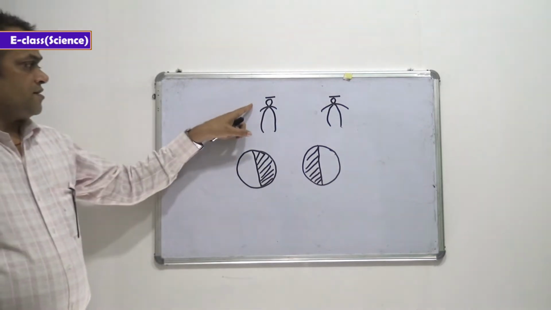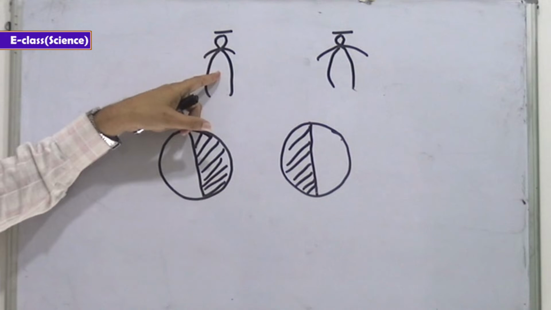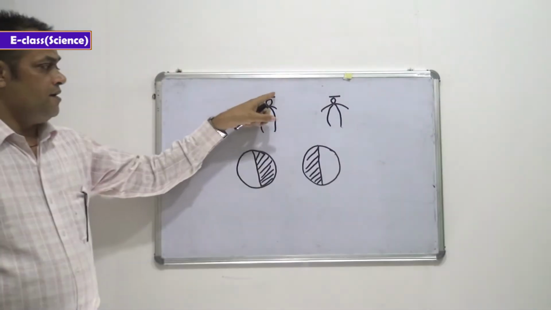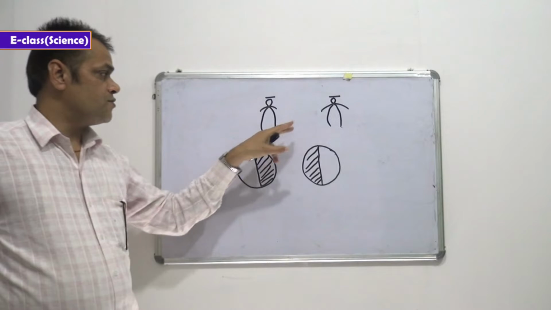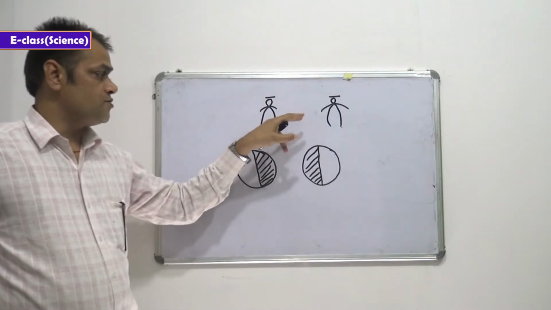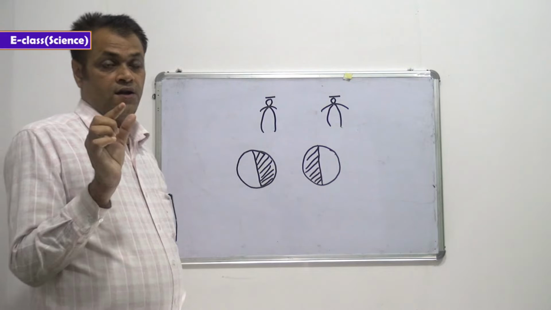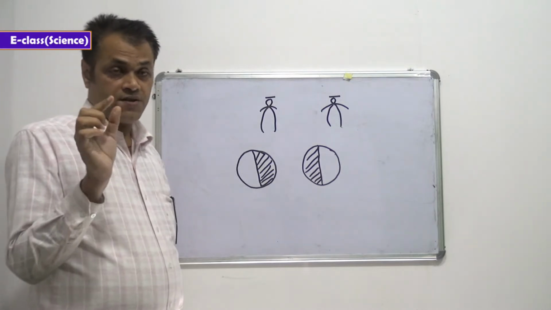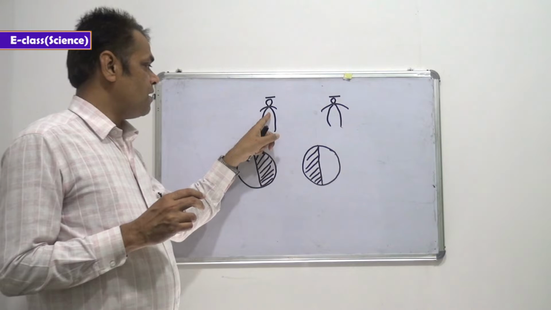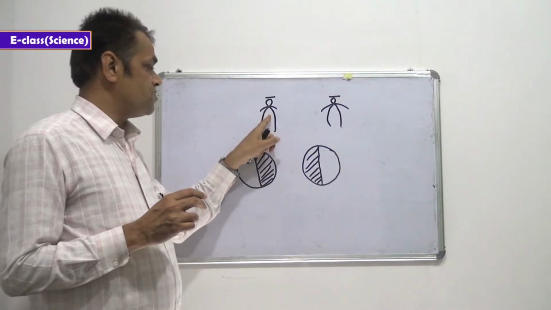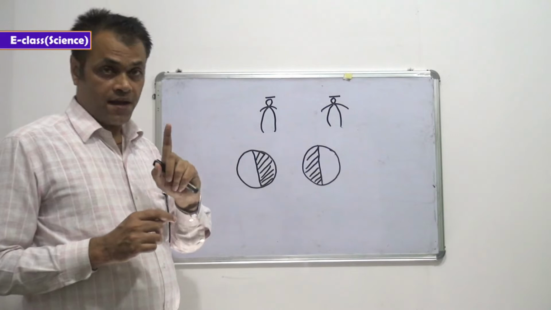Now zenith: the point in space above the observer's head, that we call zenith. The time taken by the sun to return to the zenith from the similar corresponding previous zenith, that we call one mean solar day.